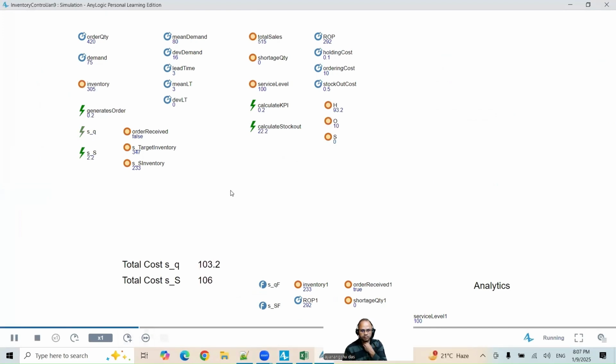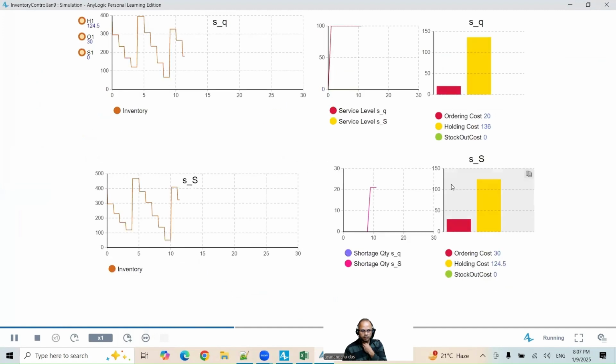So we see that the costs are getting calculated, and then if we go to the analytics view, we'll see how these two replenishment policies are behaving.